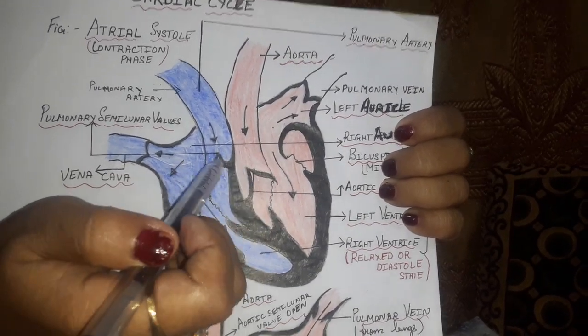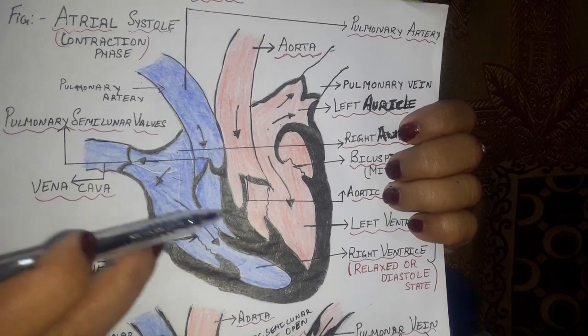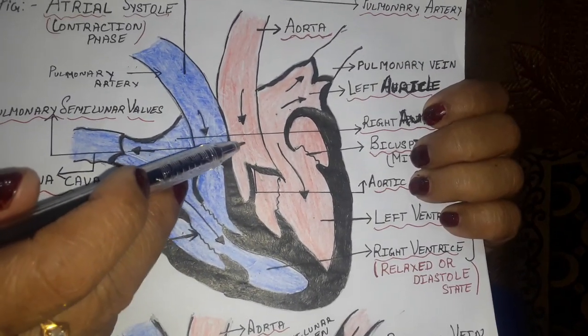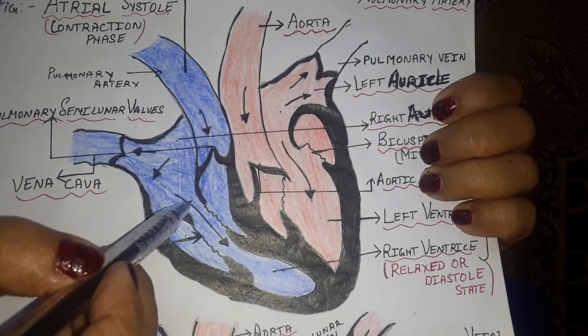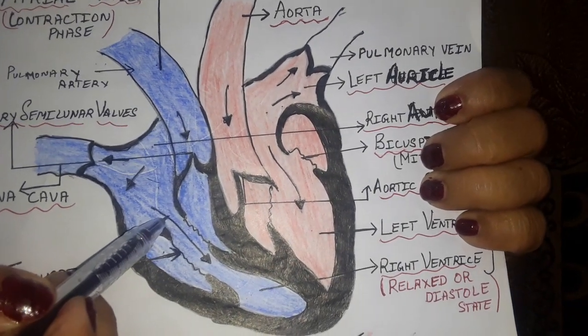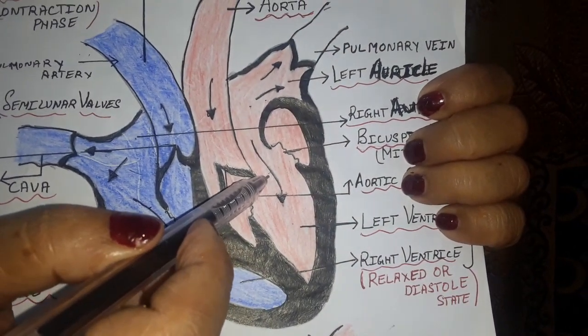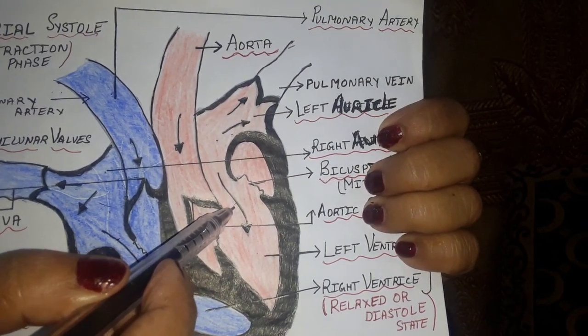When the auricles are filled with blood, at that time, what happens? The pressure inside it increases and the valves, on the right side, you have the tricuspid valves and on the left side, you have the mitral valve or bicuspid valve.